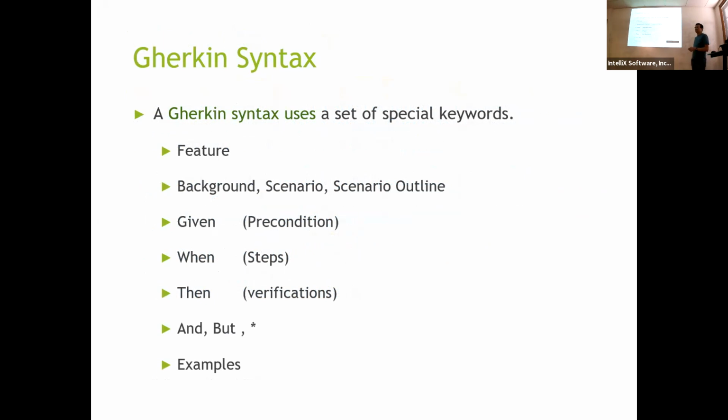So the first keyword is the feature keyword. It is nothing but your requirement or the acceptance criteria you are testing. But your file must include the feature keyword at the top.